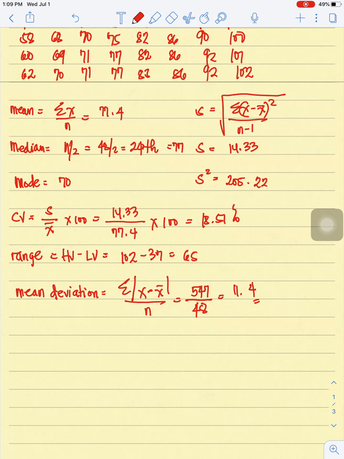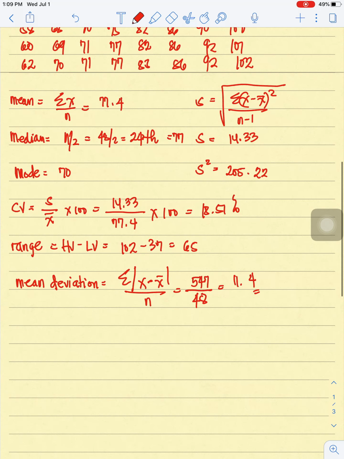Next, we can compute now for our skewness. Our skewness is equal to 3 times the mean minus our median, divided by our standard deviation.